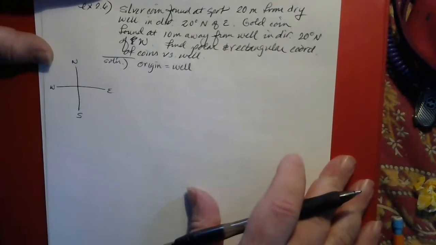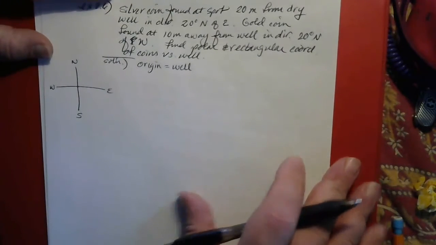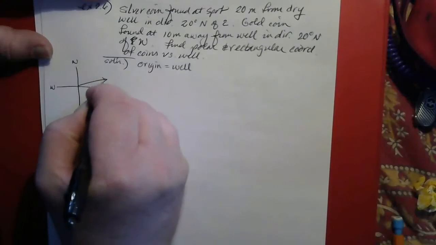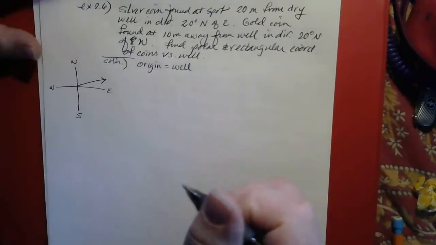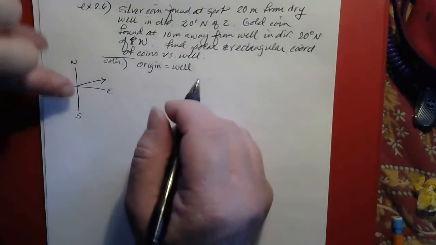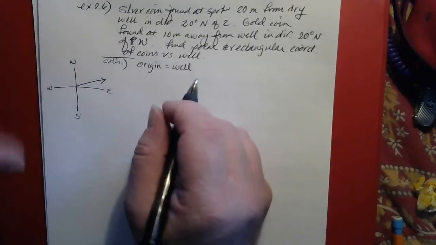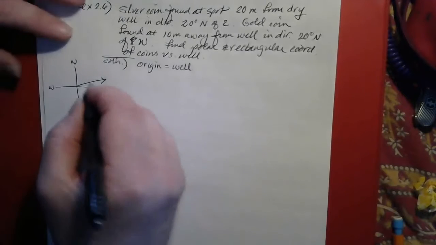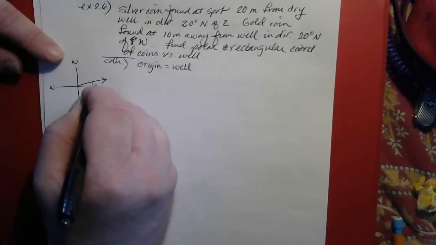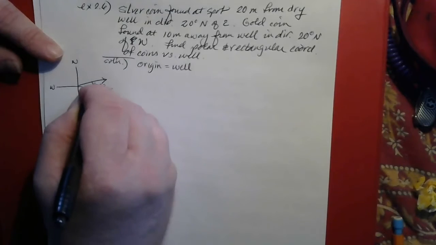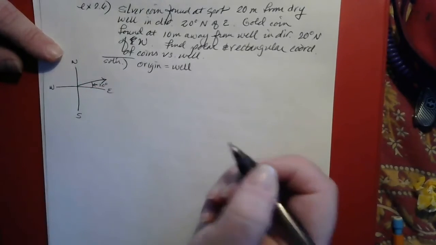Okay, so we have the four directions. The first coin is found at 20 degrees north of east. Well, 20 degrees north of east just means 20 degrees, because east is the direction from which we normally measure angles in this system. So 20 degrees.